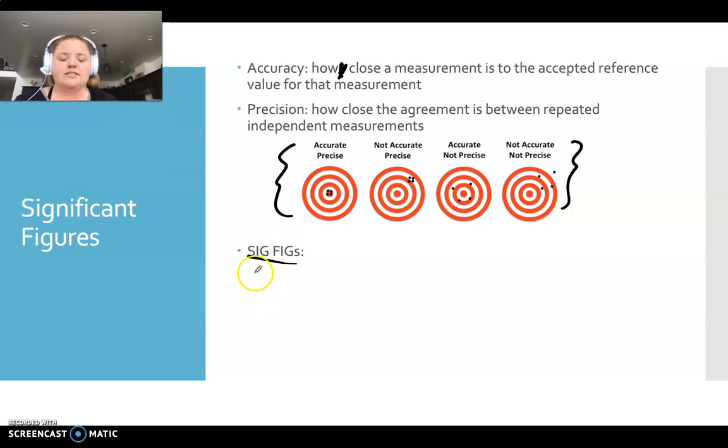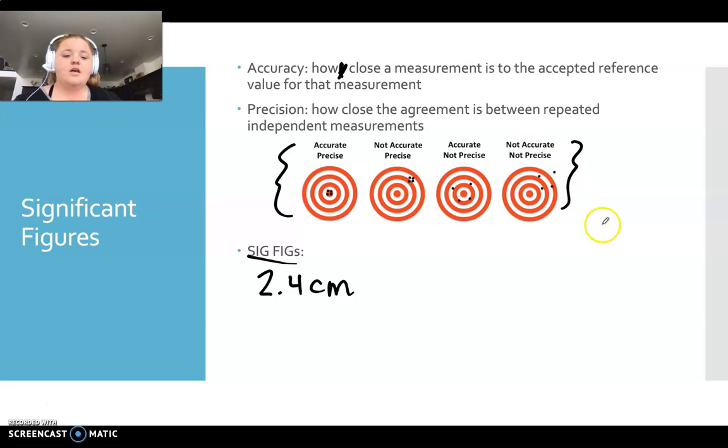Say I am measuring a distance, and I say that it is 2.4 centimeters. Say I'm using a ruler.